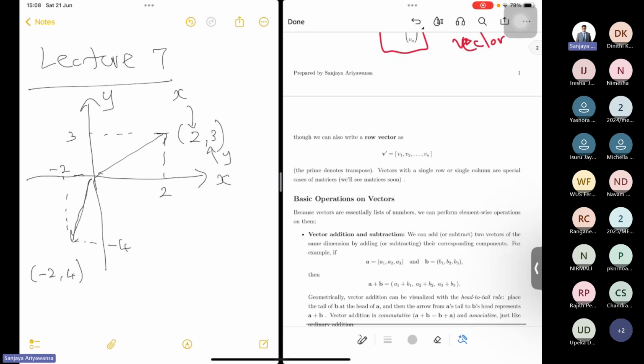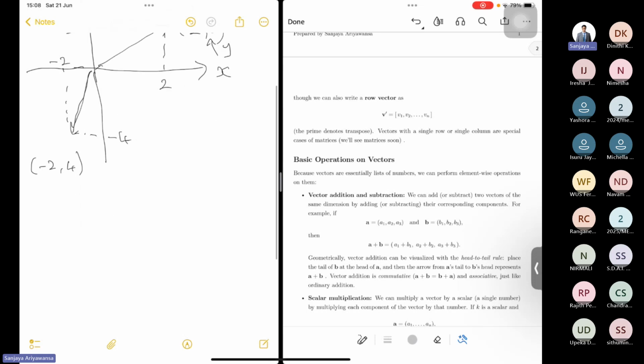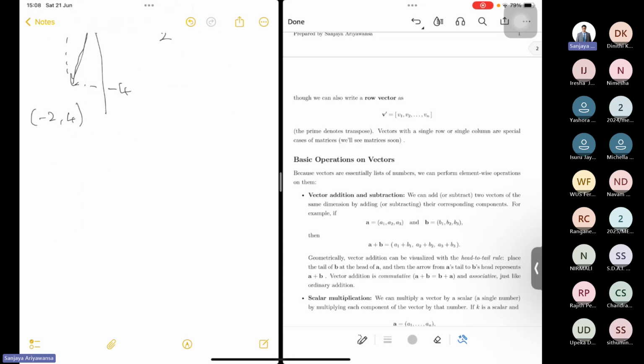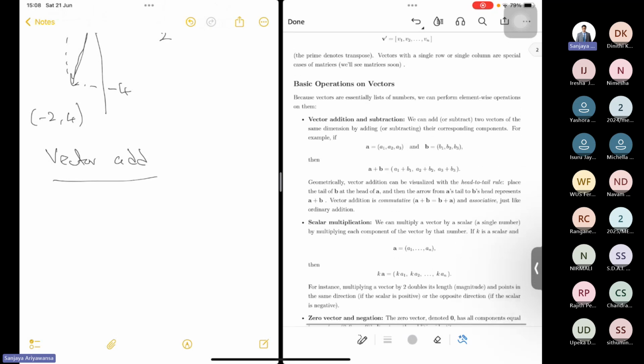What are some of the basic operations on vectors? We have something called vector addition. Just like in real numbers, you can add two vectors. For example, let's say a vector A is given by 1, 2, and another vector B is given by 2, 3.